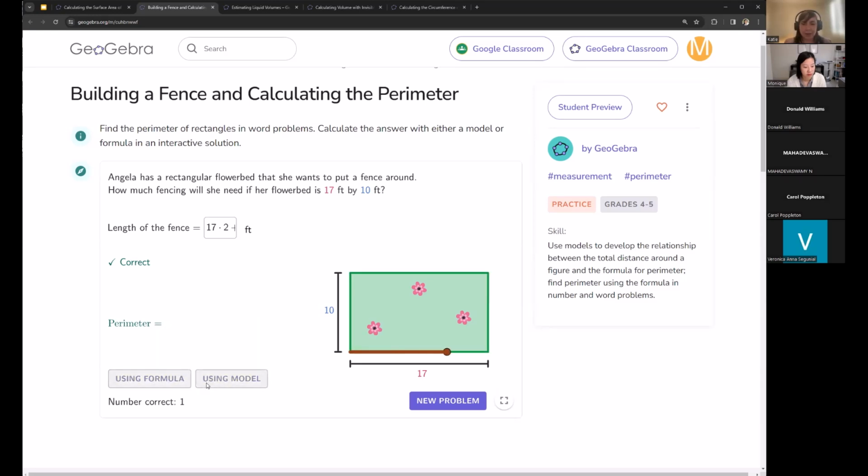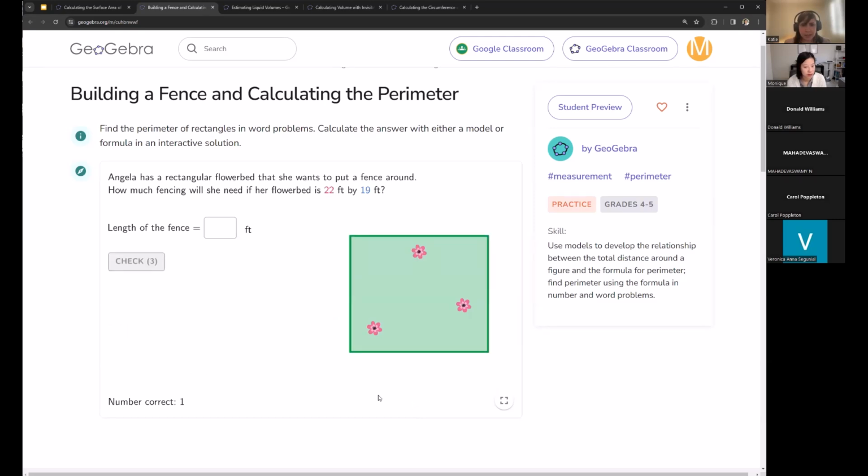And as it's moving along, each of the dimensions are popping in and creating the formula, the length plus the width plus the length plus the width, and you get the simplified answer of 54 feet. And yeah, so let's move on to the units measurement one, estimating liquid volumes.